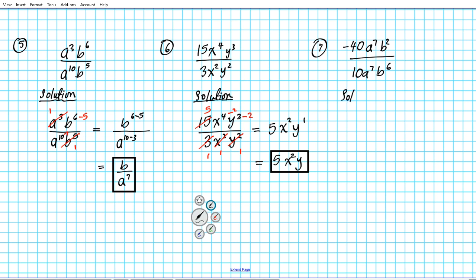All right, so how are we going to go ahead and simplify that? So write the problem, negative 40a to the 7th b squared, divided by 10a to the 7th b to the 6th.